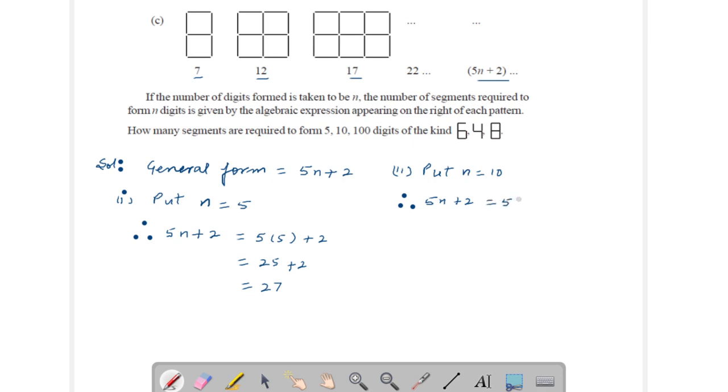It can be written as 5 into 10 plus 2. 5 into 10, 50, plus 2 equal to 52. This is your answer.